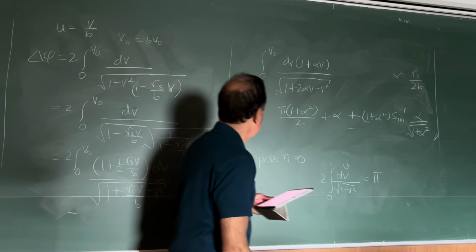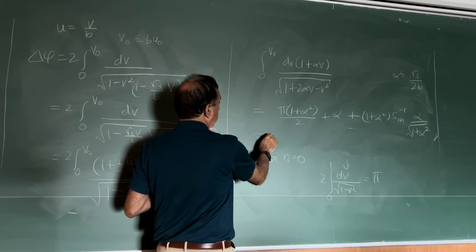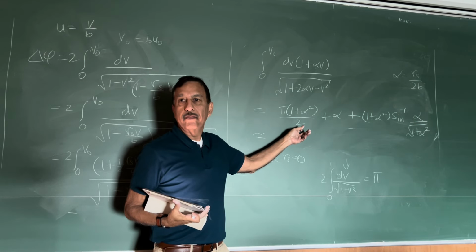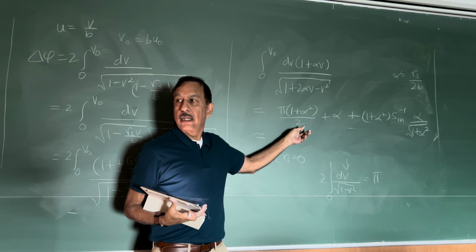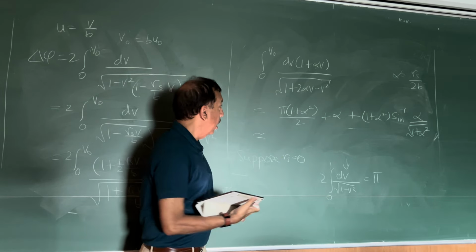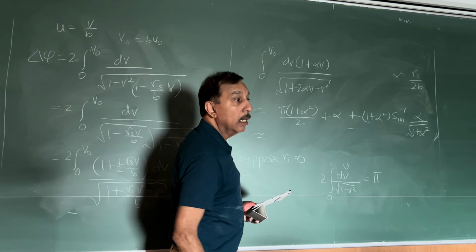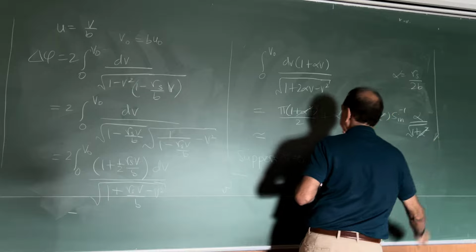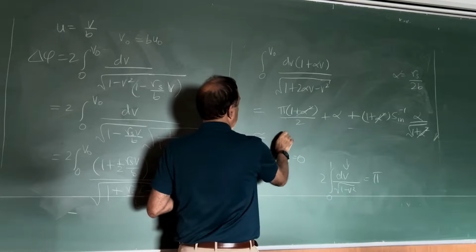Now how do I make the linear approximation? Tell me step by step, what do I do with this term? Alpha square term should be ignored, very good. Here and also here and also here. So this term gives me pi by 2.